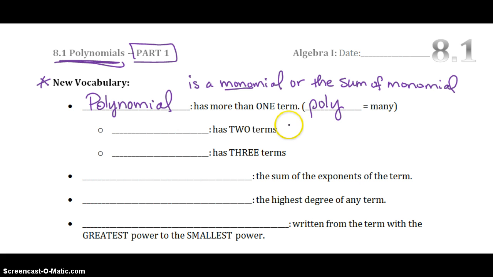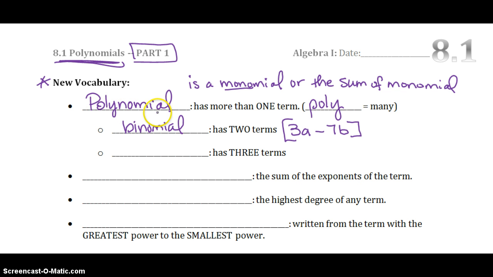Now, if that sum is just two terms, like 3a minus 7b, and yes, that is a sum. Remember, that's plus a negative. So if we have 3a minus 7b, I have two monomials in my polynomial. Ooh, that's a tongue twister. So that's called a binomial.